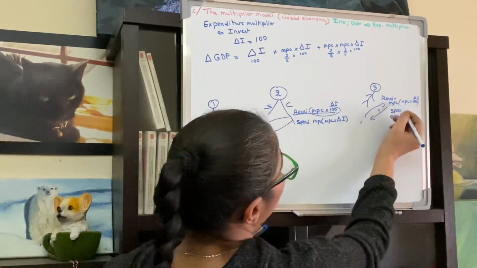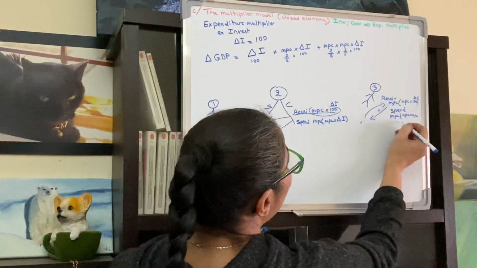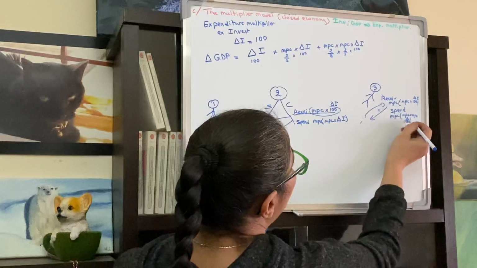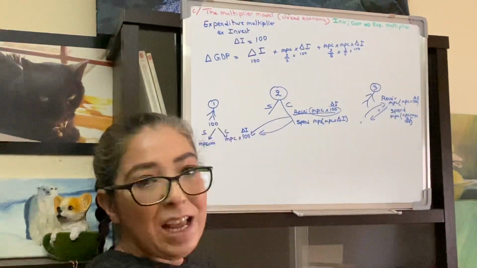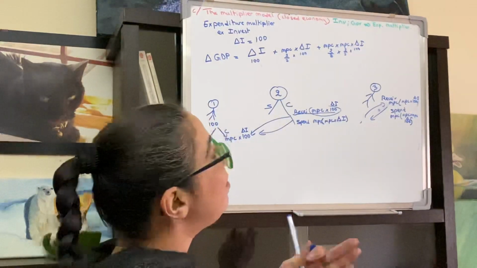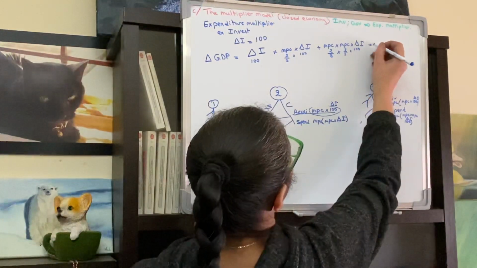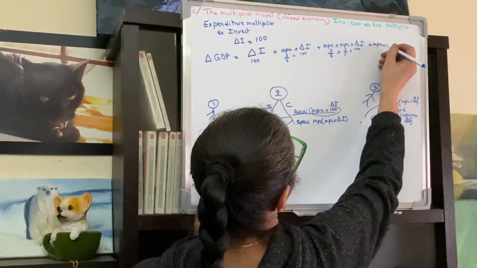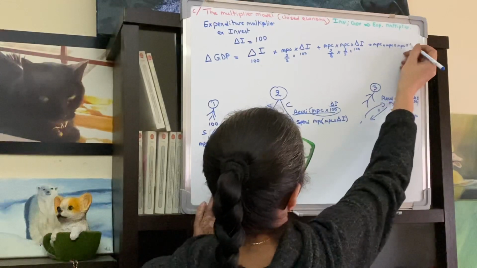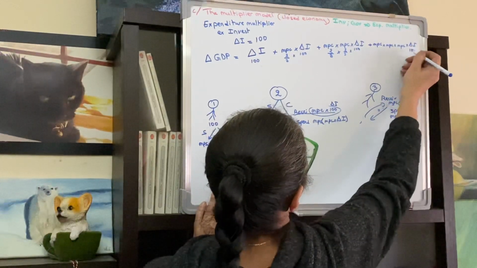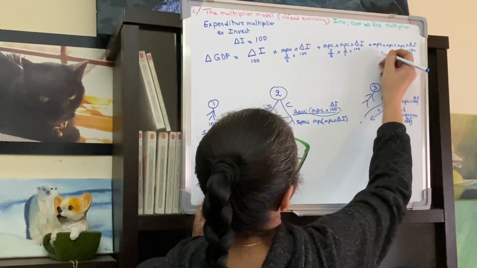And this guy receives MPC times 100, and is going to spend MPC times MPC times MPC times 100, which is delta I. So here I have 3 MPCs. Each time you're adding an MPC, multiplying by MPC whatever money you receive in order to spend it on consumption. So plus MPC times MPC times MPC times delta I, which is your 100. So here 2 over 3 times 2 over 3 times 2 over 3.